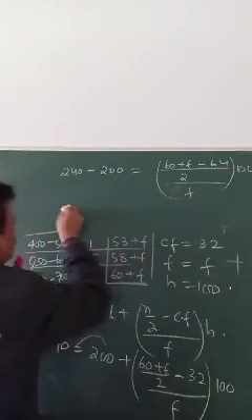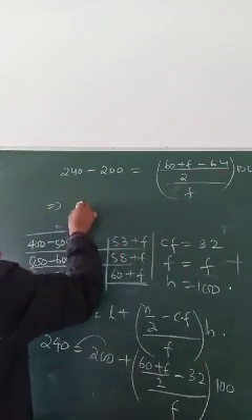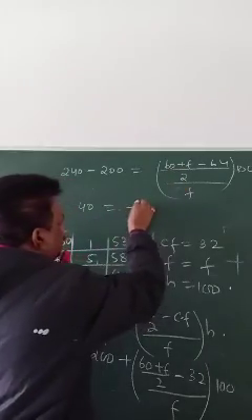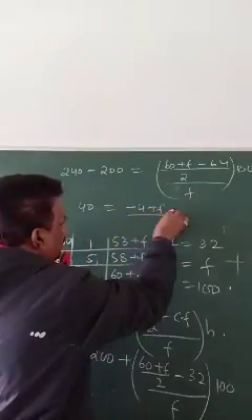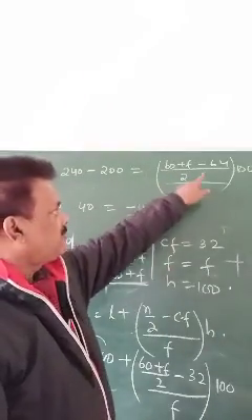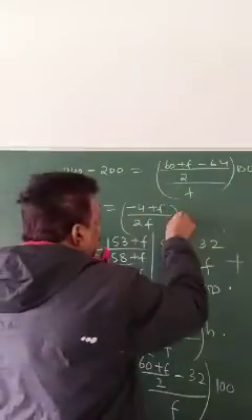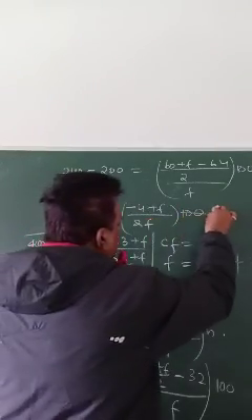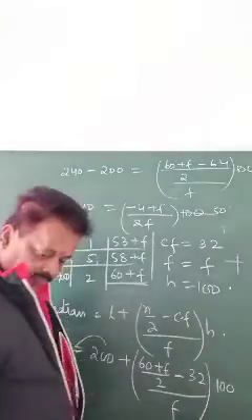That gives 40 equals (f minus 4) by 2f, 2f into 100. This 2 you can cancel, 50.